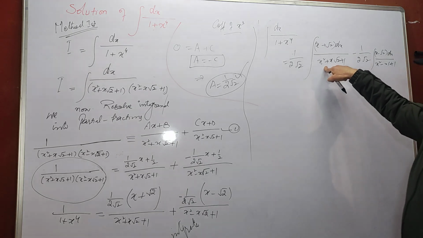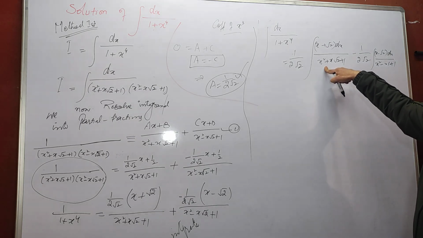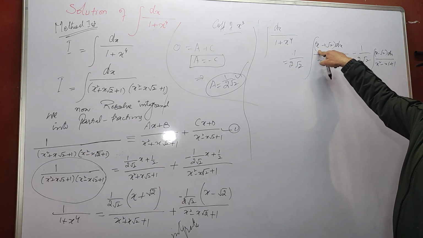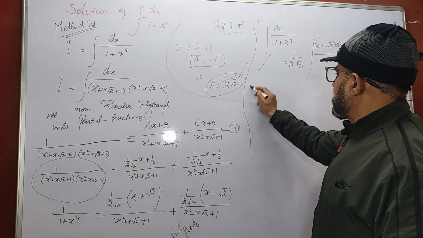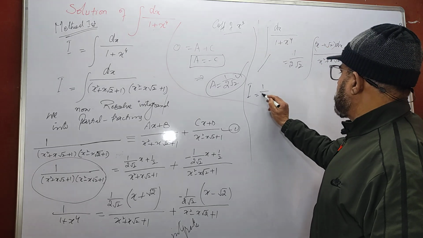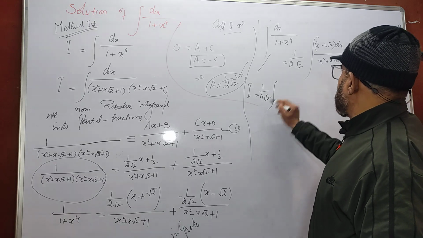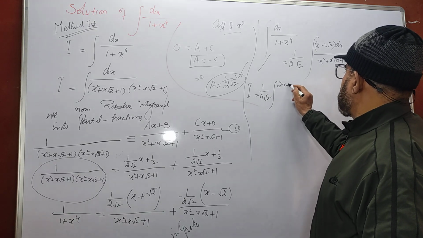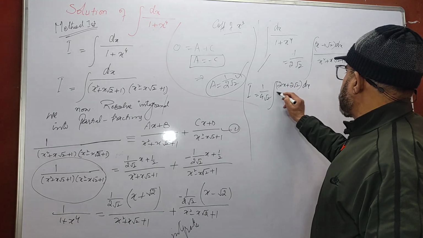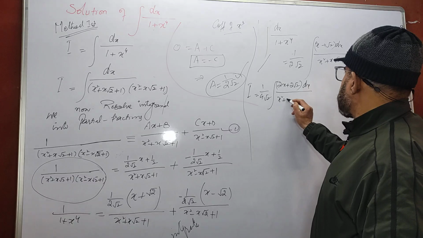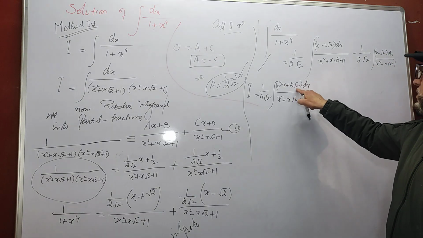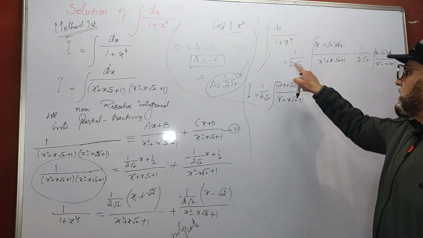Now if I differentiate the denominator, this will be 2x plus root 2. I don't have 2x here, which means I have to multiply by 2 here. So this is my given integral I. When I multiply by 2, this will become 1 by 4 root 2 integral of 2x plus 2 root 2 dx upon x square plus x root 2 plus 1. What I did was multiply by 2 and simultaneously divide by 2, so this has become 4.